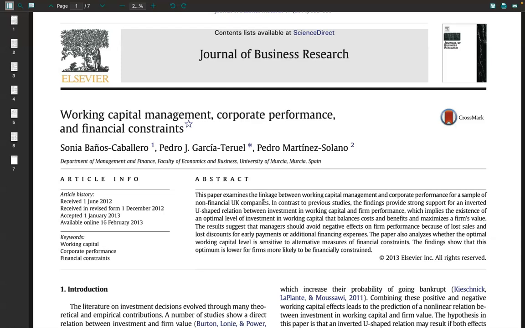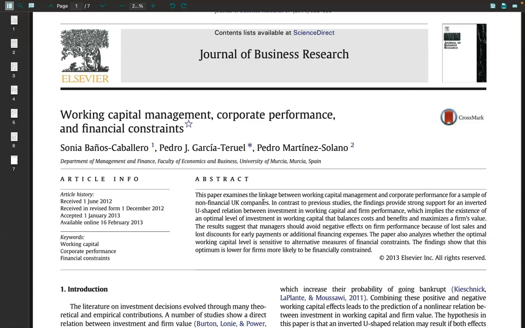The results suggest that managers should avoid negative effects on firm performance because of loss of sales, loss of discounts for early payments, and additional financing expenses. This paper also analyzes whether the optimal working capital level is sensitive to alternative measures of financial constraints. The findings show that this optimum was lower for the firms likely to be constrained.